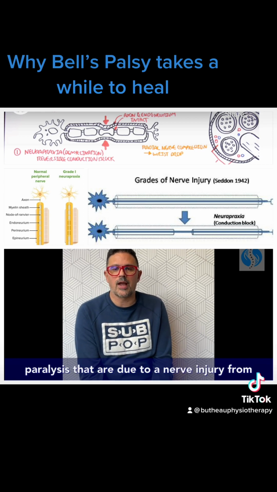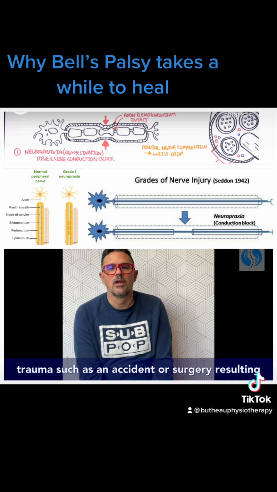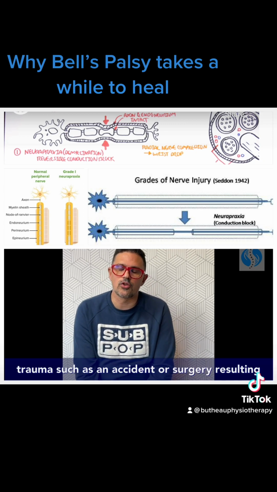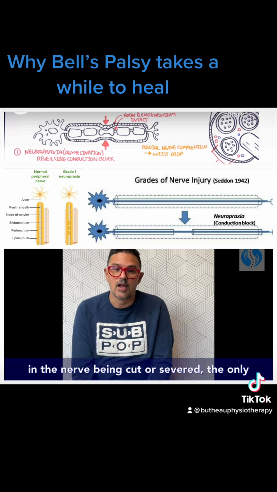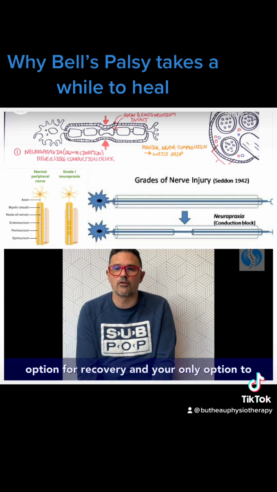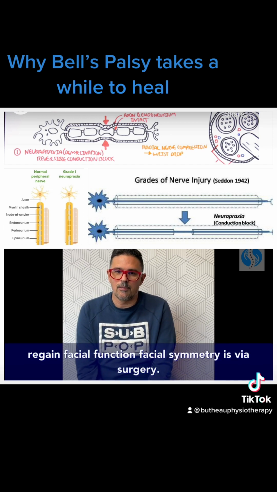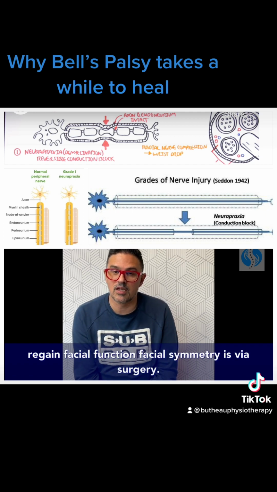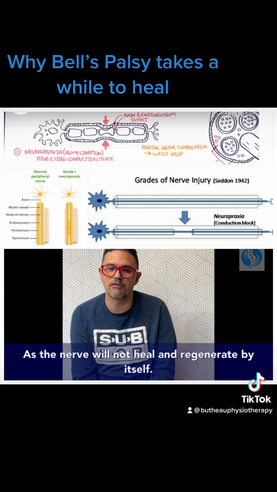For facial paralysis due to a nerve injury from trauma, such as an accident or surgery resulting in the nerve being cut or severed, your only option to regain facial function and facial symmetry is via surgery, as the nerve will not heal and regenerate by itself.